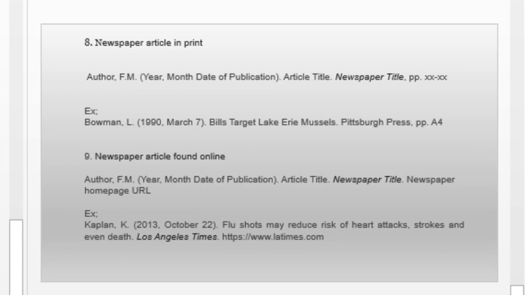And moving on, if you are sourcing for information from a newspaper article in print, you have to include the year, the month, and the day, and also the name of the newspaper, and then the page. A4 here in the example is not the A4 size of the paper. Some newspapers come out with sections.